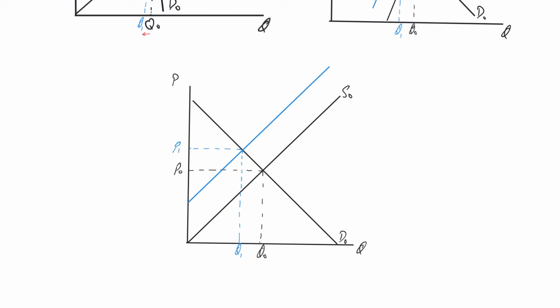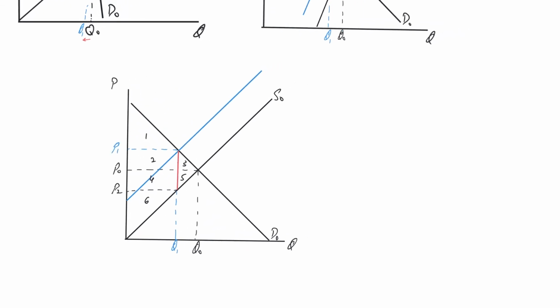Okay, we know the tax rate right here, and let me mark that P2. Okay, right. Now let me give them numbers: 1, 2, 3, 4, 5, 6. Okay, after the tax has been imposed, this is our scenario for now.